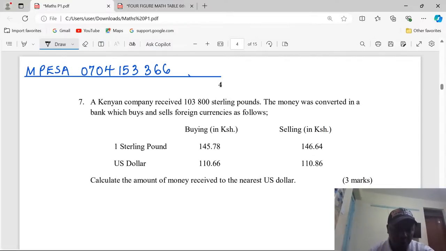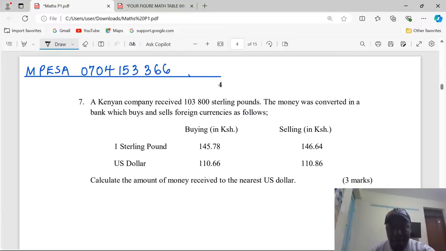It's good for you to know that according to this bank, there is no direct relationship between the US dollars and the sterling pounds. So the sterling pounds coming to the bank have first of all to be converted to Kenya shillings, then from Kenya shillings to another foreign currency, which is the US dollar. That one has to be understood.